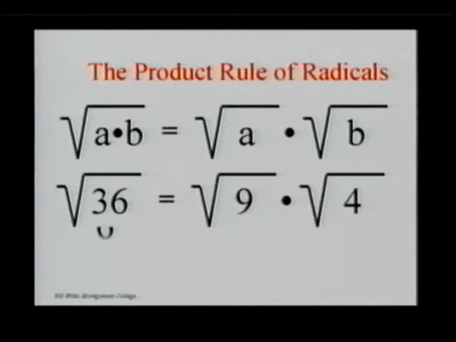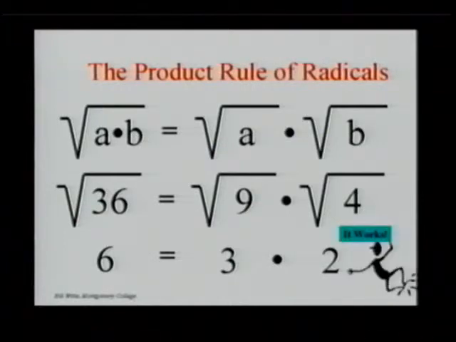Square root of 36 we know as 6. Isn't the square root of 9 3, and the square root of 4 2? And 6 does equal 3 times 2. This is just a demonstration of this rule.